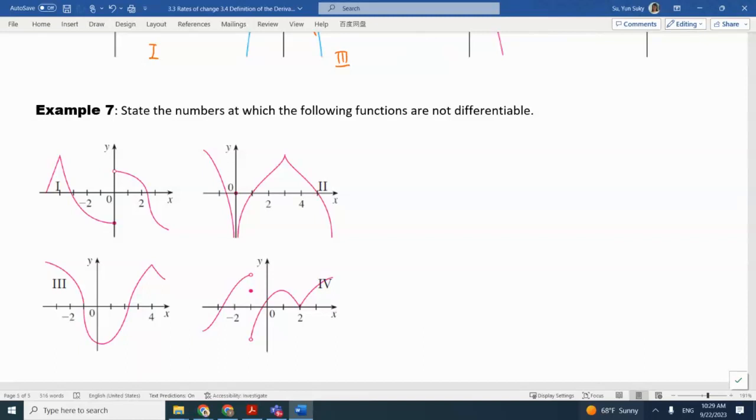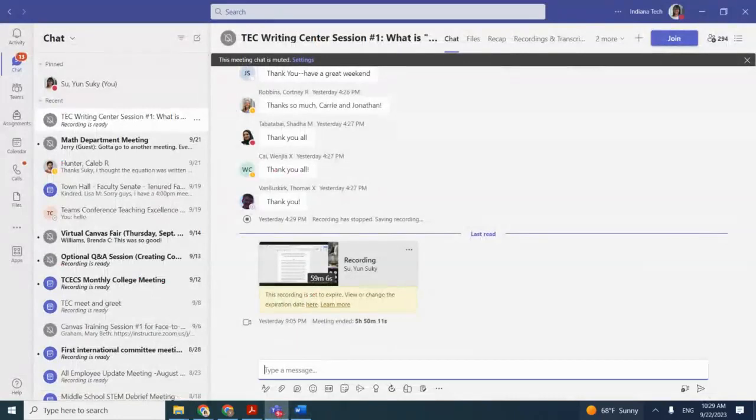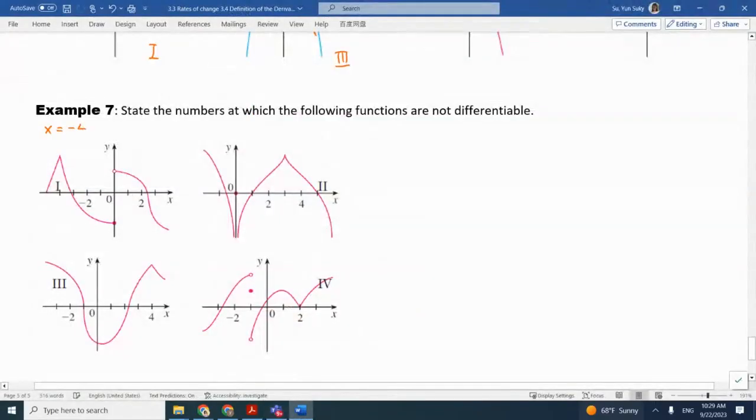Is it differentiable here? No. So this is x equals what? Negative 4. So x equals negative 4 is not differentiable. But which type? Is it a corner, a discontinuity, or a vertical tangent? Corner.